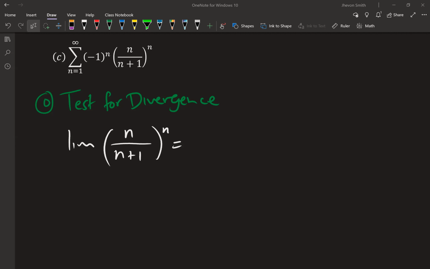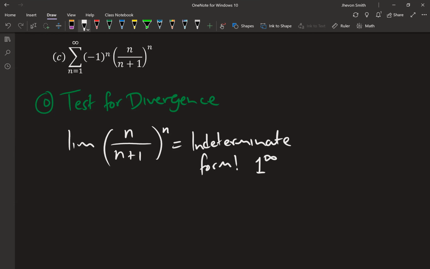If you gave this to a Calc 1 student, what would the Calc 1 student notice? What kind of limit is this? It's an indeterminate form, which means you cannot tell what this is just by eyeballing it. This approaches 1 to the infinity, which we know is an indeterminate form.